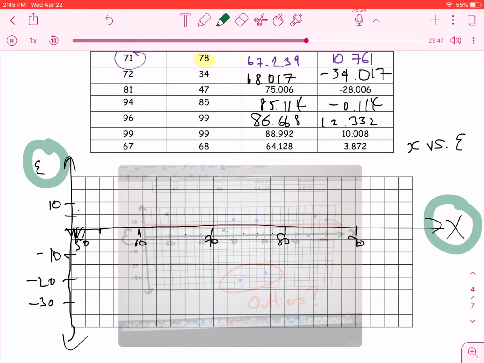Once you plot this graph, I can actually show you what your finished copy would be, just to make it a little quicker.